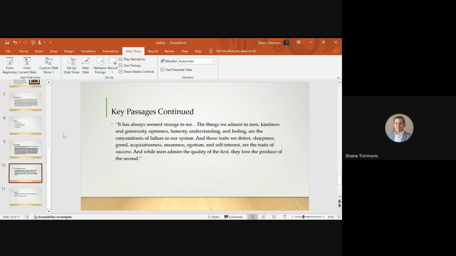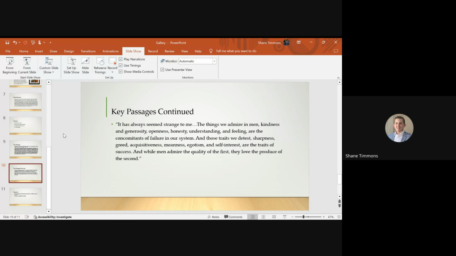All right. So key passages continued. It has always seemed strange to me the things we admire in men, kindness and generosity, openness, honesty, understanding, and feeling, are the concomitants of failure in our system.